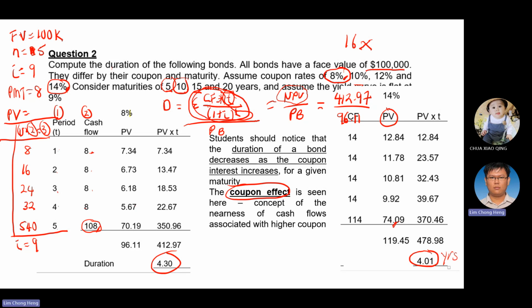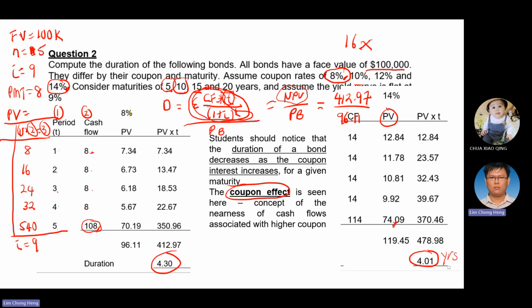If I pay you the high coupon payment, you are safer, because you can collect back the money faster. So comparing high coupon payment with low coupon payment, you see the price fluctuation will be smaller if the interest rate changes, just like I showed you in the lecture class.